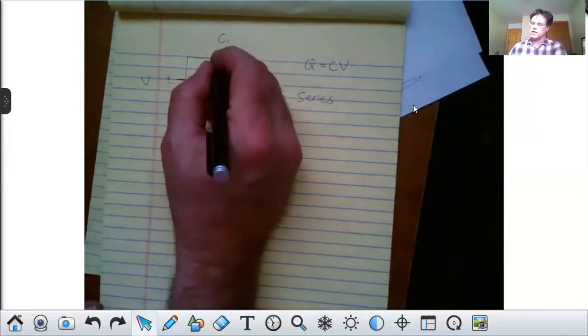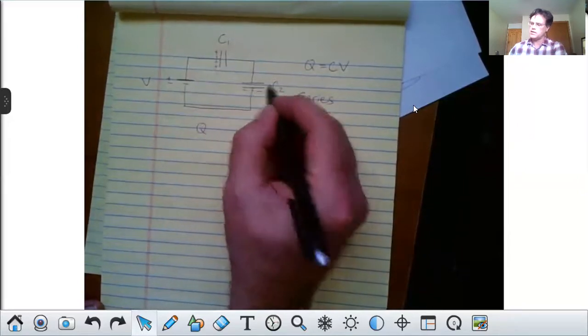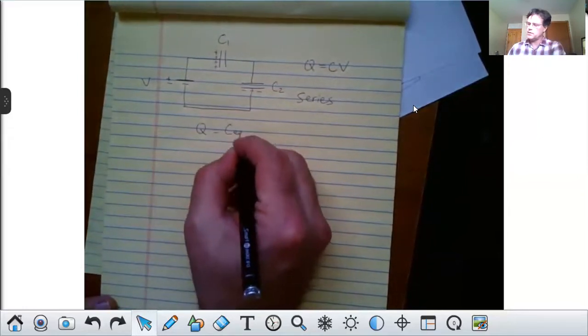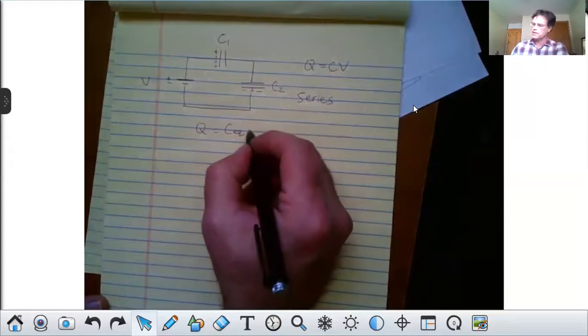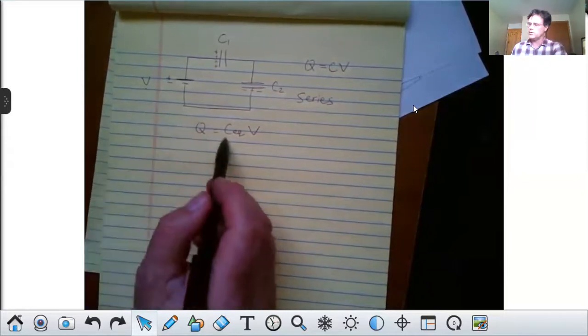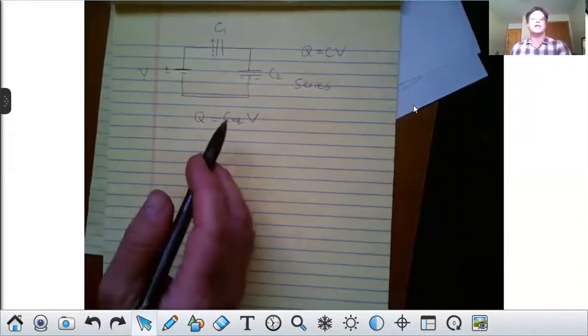In this case, I have my positive charge here from the positive end of the battery and negative charge here. The total charge will equal the equivalent capacitance, CEQ, times the total voltage of the battery. So we want to determine the equivalent capacitance in this series case.